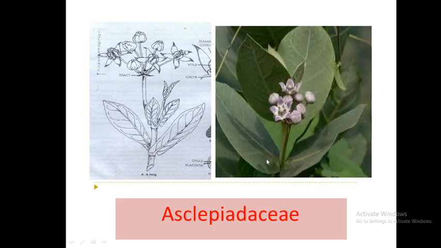The leaves are opposite, decussate, rarely alternate, simple, entire and exstipulate. In xerophytic plants such as Stapelia, leaves are reduced to spines or scales.